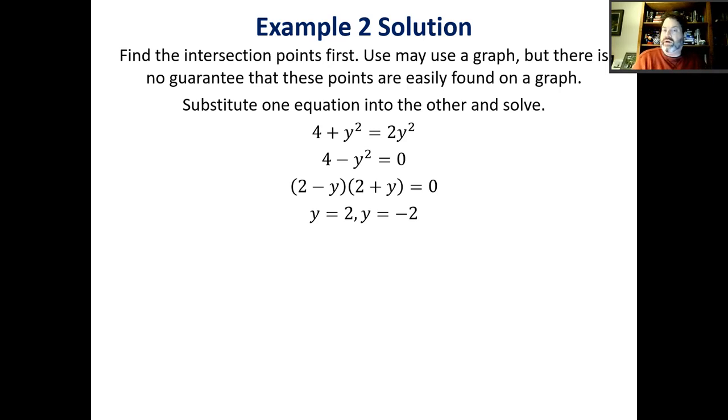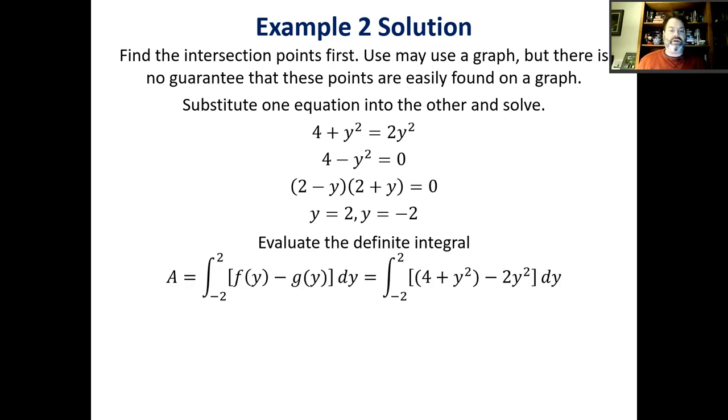Again, even when you're going in the y direction, you still put the lower number on the bottom, and then you evaluate the integral. So again, here's the formula. We know the bounds, and then we're going to take the rightmost function and subtract the left. There's the rightmost function, there's the left. Turns out I already did that subtraction up here when I substituted one equation into the other.